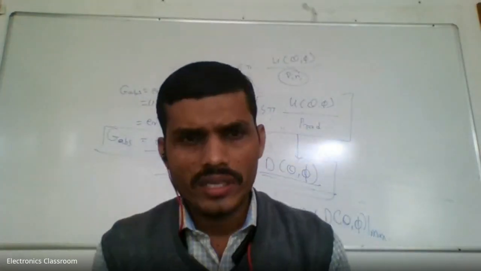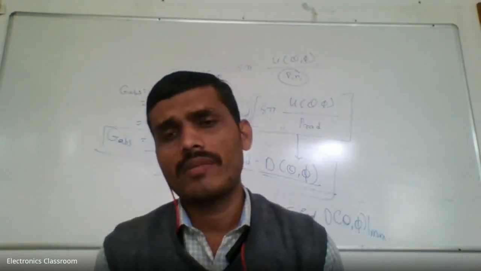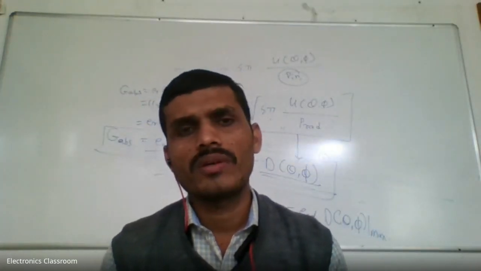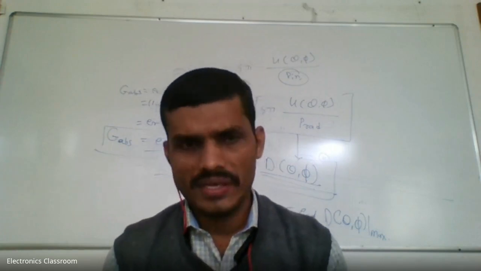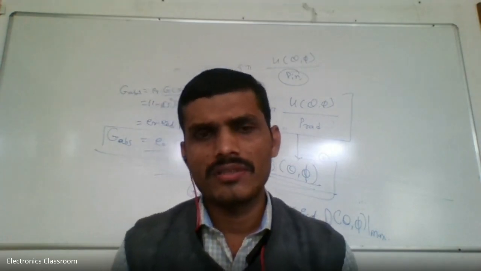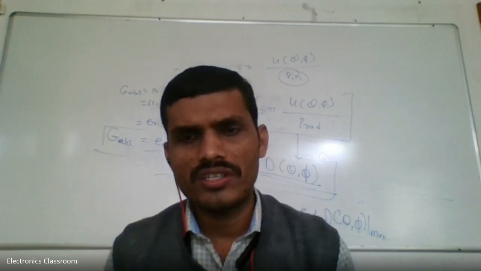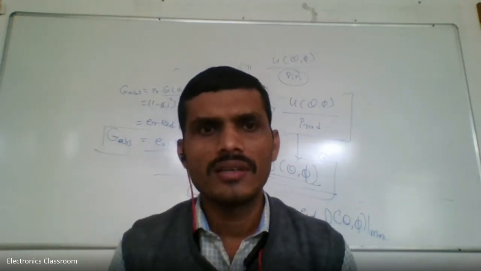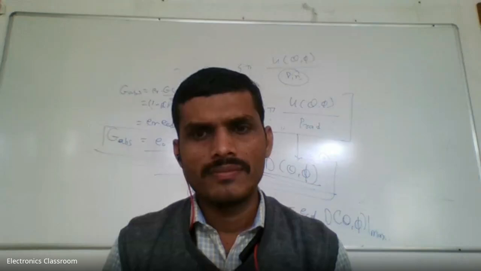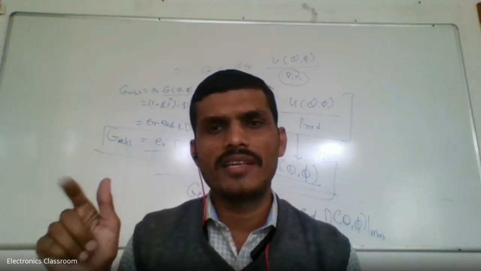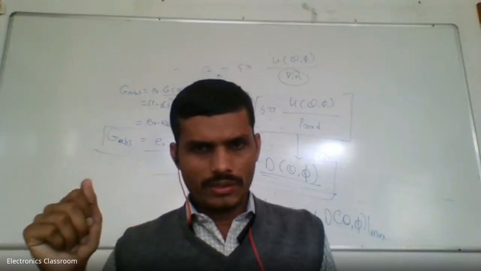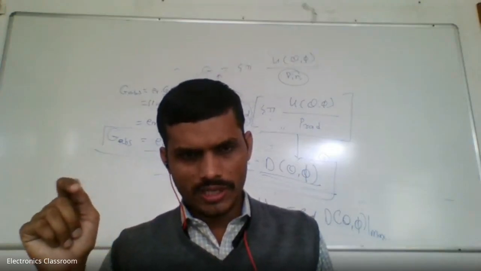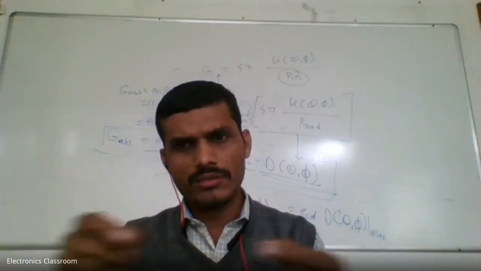This is absolute gain. Also, we can calculate the maximum absolute gain. Instead of G ABS, we can write only G0 ABS. That means this 0 is the notation specially used for the maximum gain. And instead of D theta comma phi, we can simply write E0 into D0. That is, your G0 ABS is equal to E0 into D0.